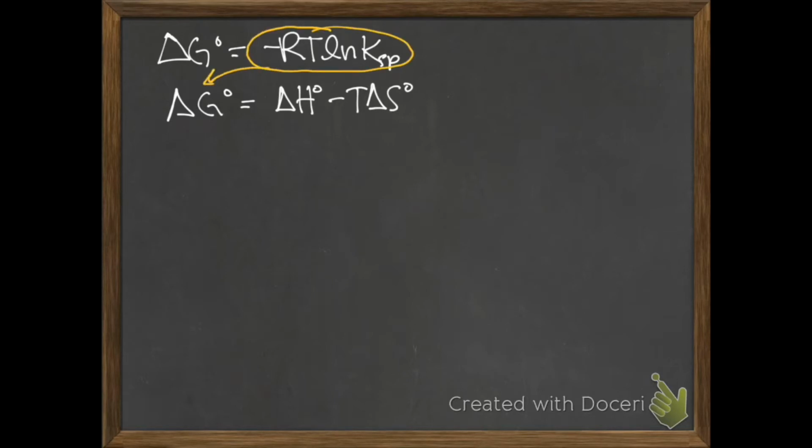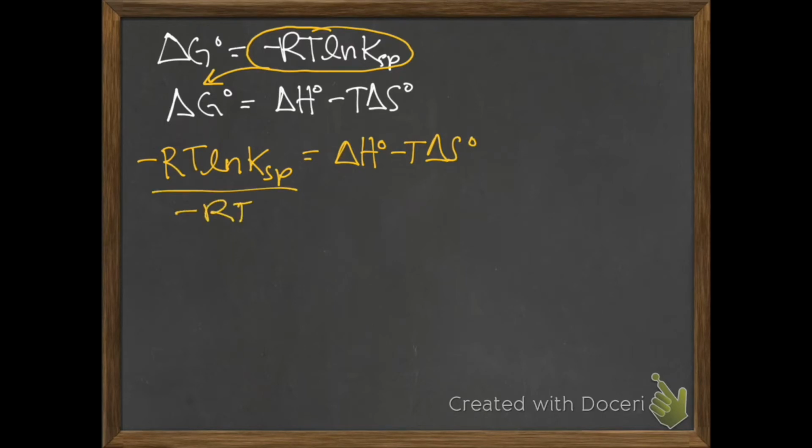So these both equal ΔG°. So I'm going to replace ΔG° in the second equation with negative RT ln of Ksp. And that equals ΔH° minus TΔS°. So I'm going to rearrange a little bit, dividing each side by negative RT. And that gives us the natural log of Ksp, because the negative RT cancels out.